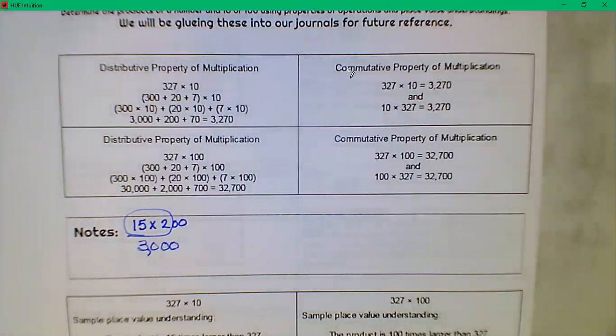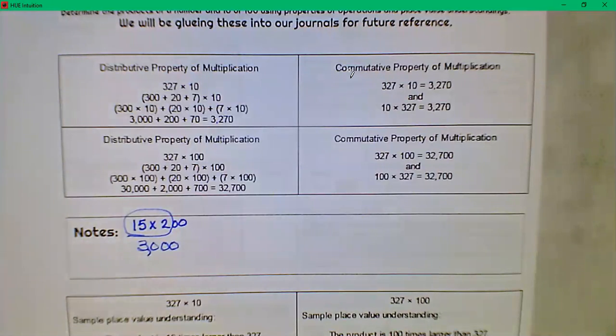Okay? It's just the same numbers in different order. So regardless of the order of your factors, your product's going to be the same. Same thing when we're multiplying by 100. 100 has 2 zeros at the back end, so we take 327 and we put 2 zeros on the back of it for our product. Whether we do it 327 times 100 or 100 times 327, it's still going to be the same.